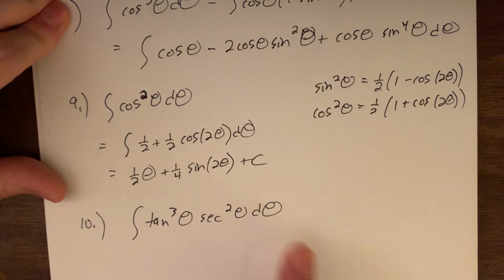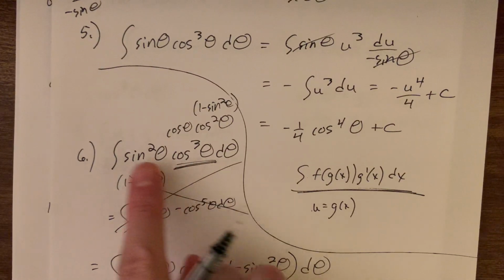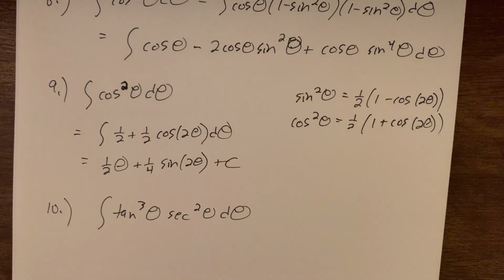Initially, this looks pretty rough, similar to number 6. Initially, when we looked at number 6, that was definitely pretty rough as well. But to be clear, number 10 is actually one of those ideal situations.